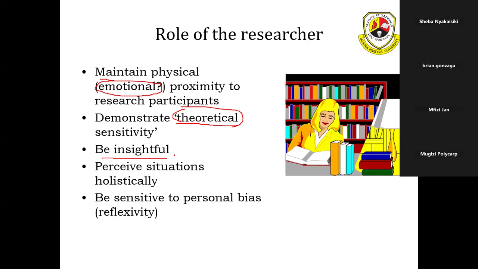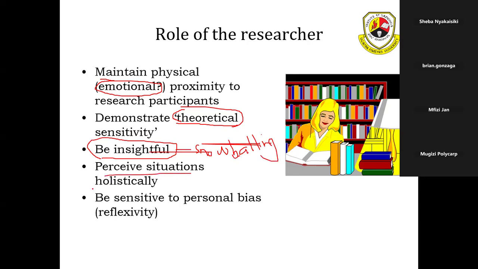Being insightful is taking time to think about what you're hearing from the case study. Insightful leads to snowballing, not just in who you talk to, but in terms of interpreting what people are trying to say.